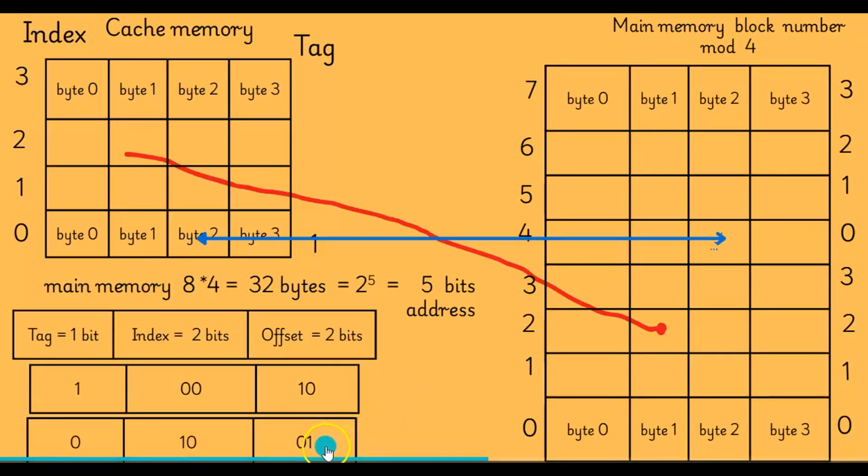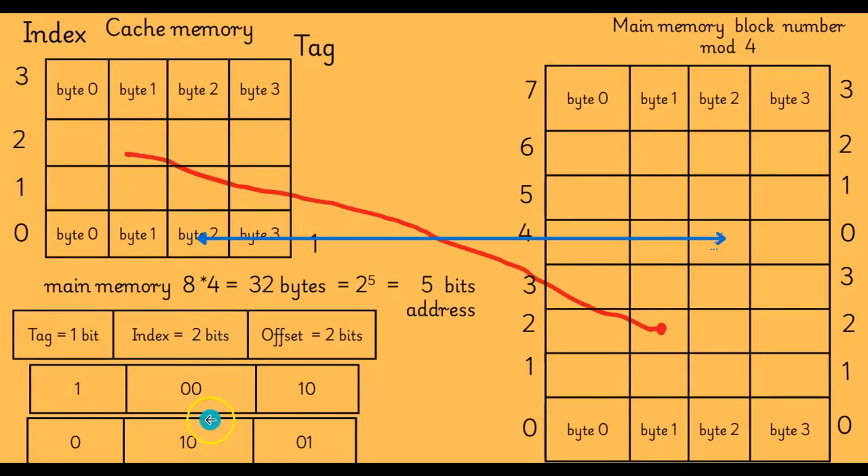Here you see the binary value for 9. As we already discussed, the last two digits represent the offset. So offset 0, 1 means 1 actually. Here we start counting from 0. So this is the location where the byte will be copied.